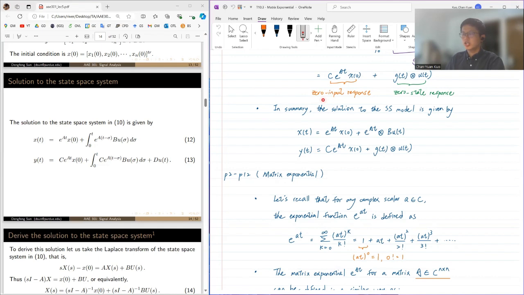Similarly, the output trajectory y of t is also a sum of two terms, which are the zero input response, C times the matrix exponential e to the A times t times x of 0, and the zero state response, which is the convolution between the impulse response of the system g of t and the input of the system u of t.